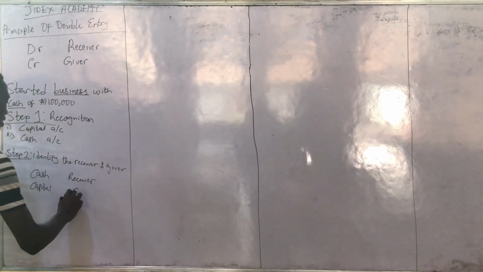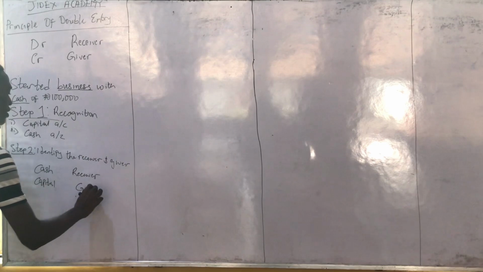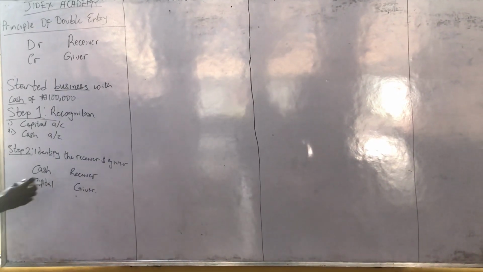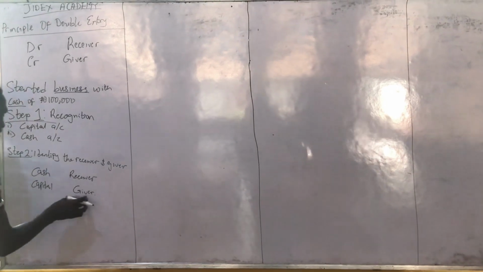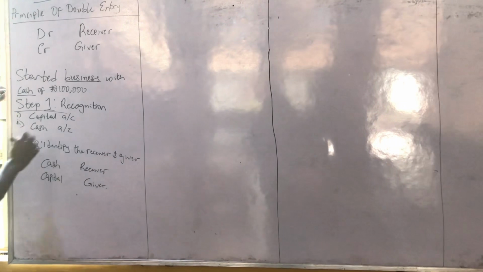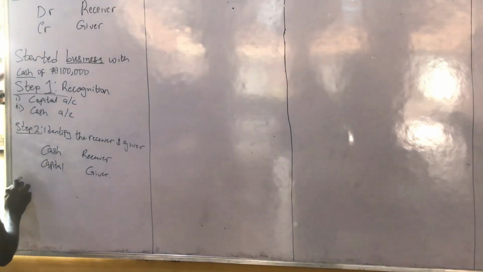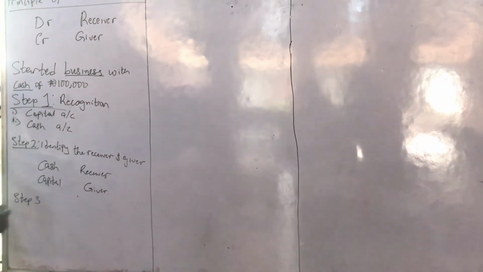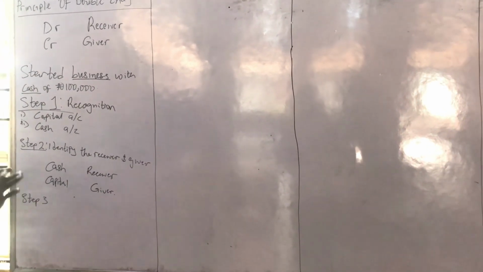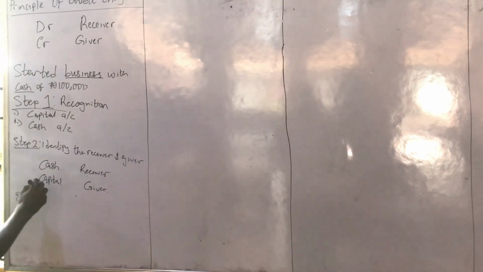So capital is the giver in this transaction that I've just explained. Receiver, giver. Then you apply the principle of double entry that says debit the receiver, credit the giver. That's step three. Always apply this whenever you come across any transaction, then you will not have any problem.